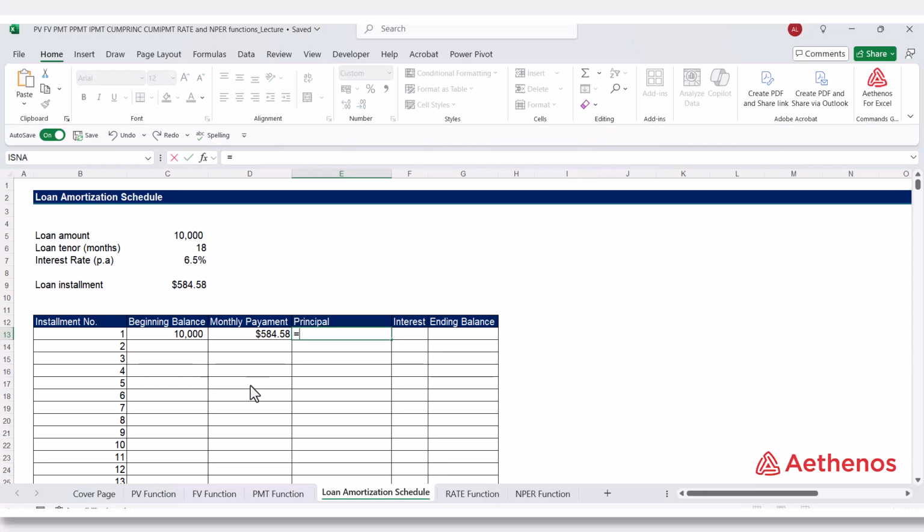So I can type equals, and I have to put a minus here because the function always returns a negative value like the PMT. And the function is PPMT for principal payment. And the arguments are rate, where is the installment number, and NPER is the number of payments. Present value is the loan amount, and future value is the future value at the end of the loan.